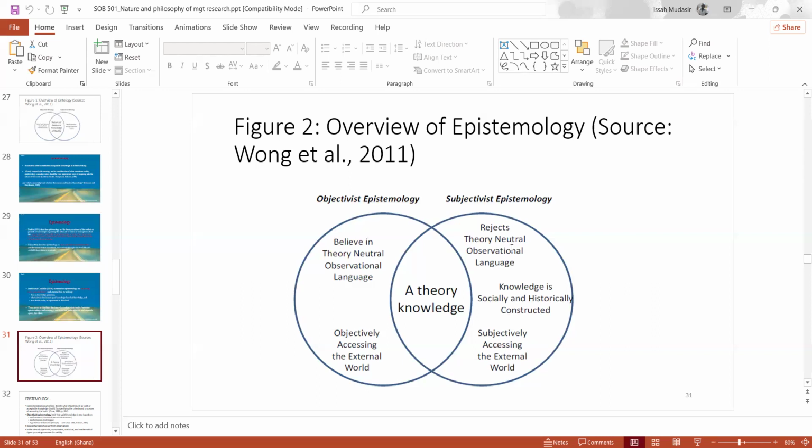So knowledge can best be pursued from a subjective lens, hence subjectivist epistemology.